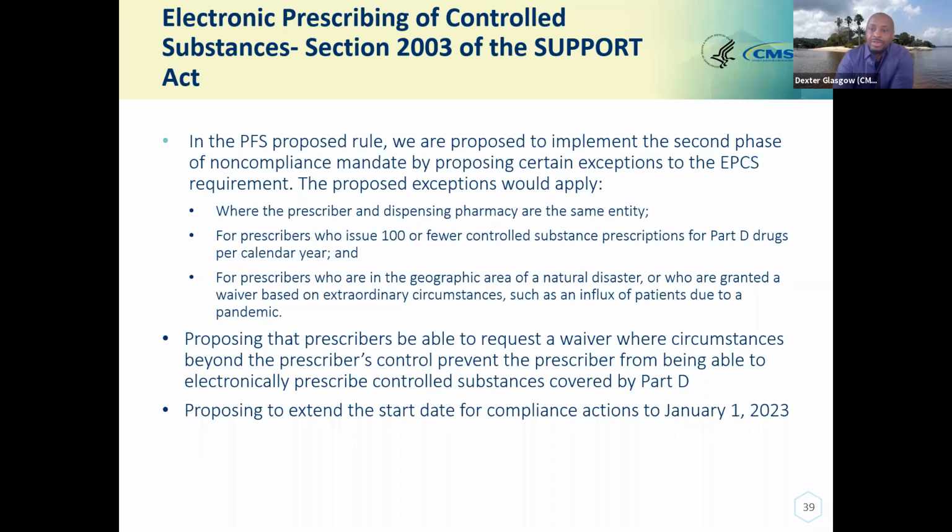It also gives the Secretary authority to enforce non-compliance with the requirement and to specify appropriate penalties for non-compliance through rulemaking. In December 2020, CMS implemented the first phase of this mandate by naming the standard that prescribers must use for EPCS transmissions and delaying compliance actions until January 1st, 2022.